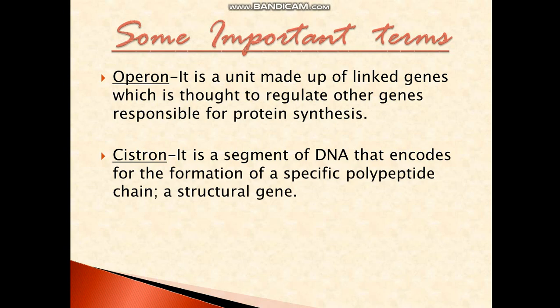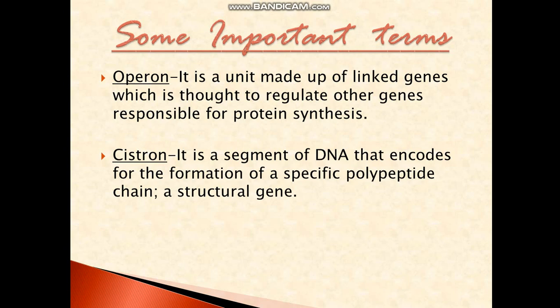How is it brought about? Generally, they read the first two nucleotides of the codons. If the first two nucleotides of the codons are the same, the triplet will code for the same amino acid.